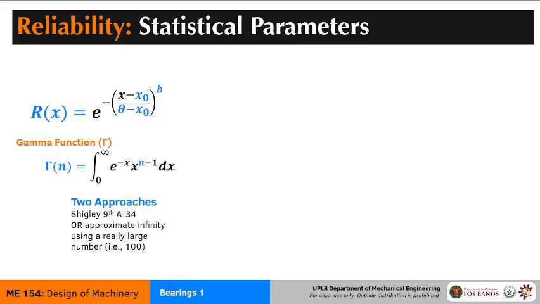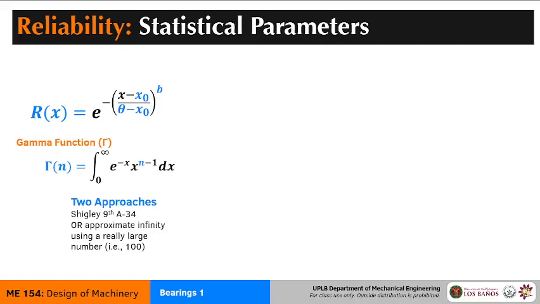All right. So after we use A-34, what do we use this for? Now let's define dimensionless life as a function on its own. So far we've only looked at the reliability of the entire batch of units.